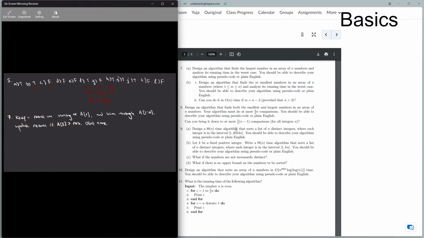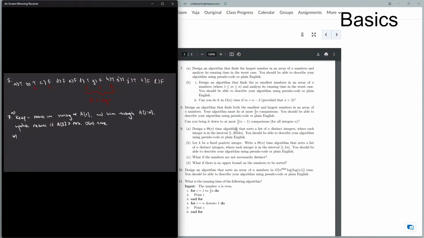Okay, so this is A, and then there should be a B. Find the m smallest integers in the array of n, and analyze the running time in the worst case. Sort and return A at 0 to 2.